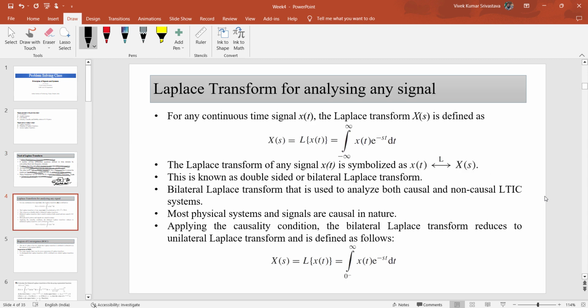Let us move ahead and see how to find the Laplace transform if a signal is given to us. Let us suppose a continuous time signal x of t is given.